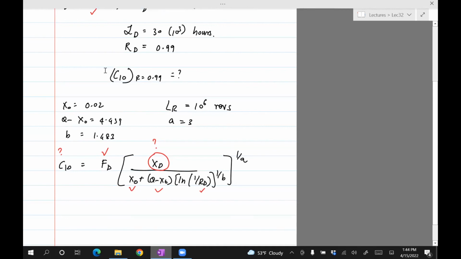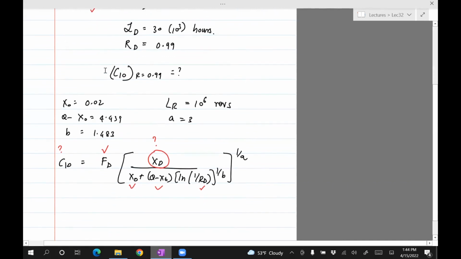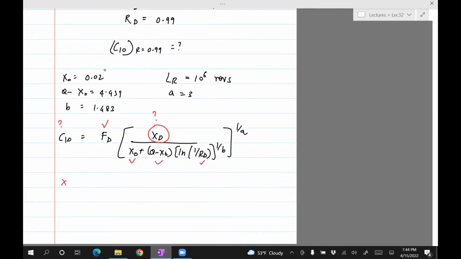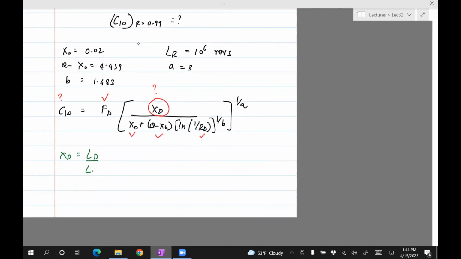So how do we compute XD? What's the definition for XD first? XD is LD divided by LR. It's the normalized value for the life. So we always divide the desired by the rated life.